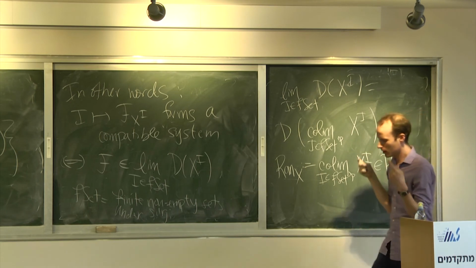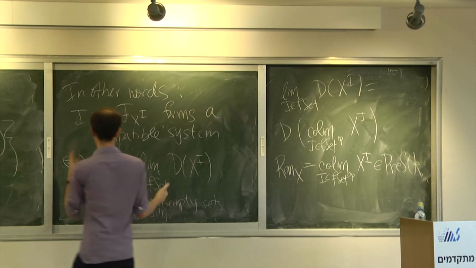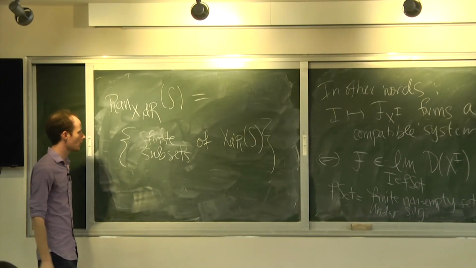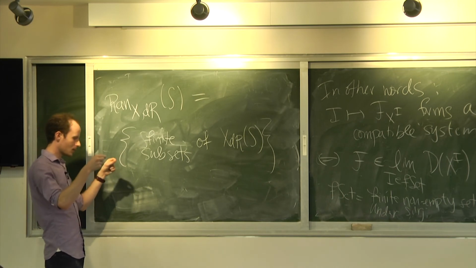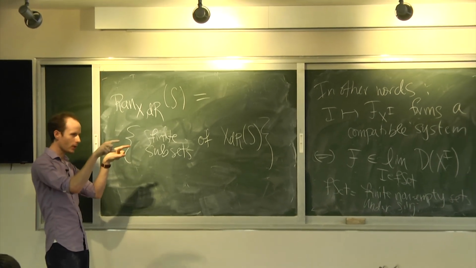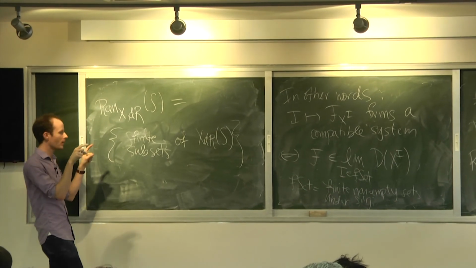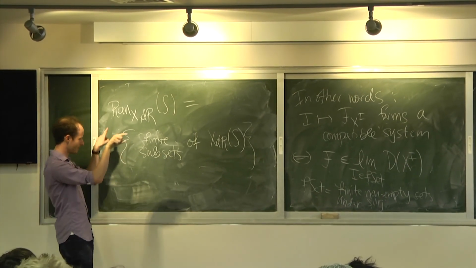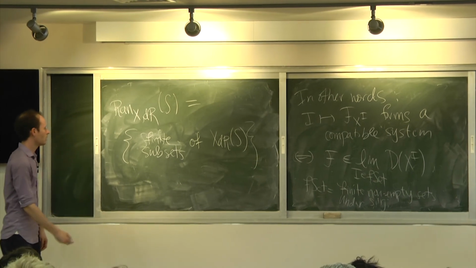Sheaves on Ran space are exactly the heuristic I was giving before: a continuous assignment of a vector space to every finite subset of the curve, continuous with respect to varying the points in small ways and with allowing them to collide. You're not allowed to split them off.